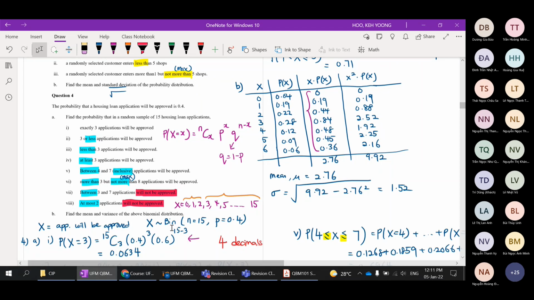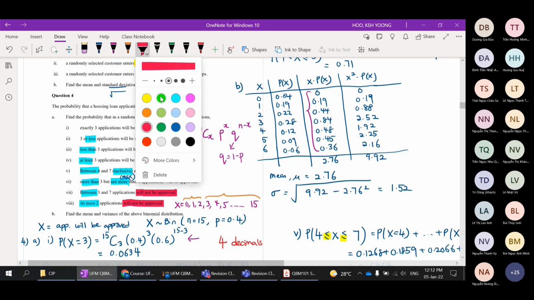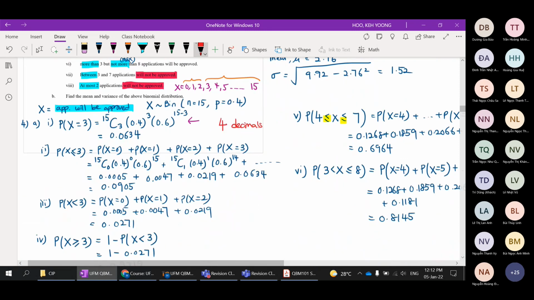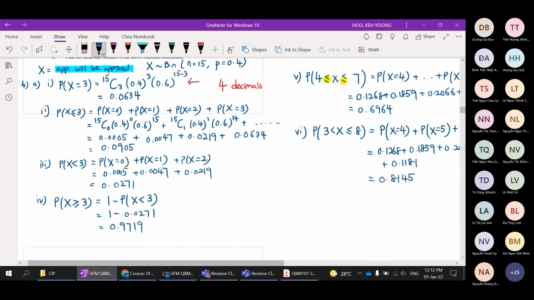Just now our X was the applications that will be approved. Now we have to change it: our X is now the number of applications that will not be approved.